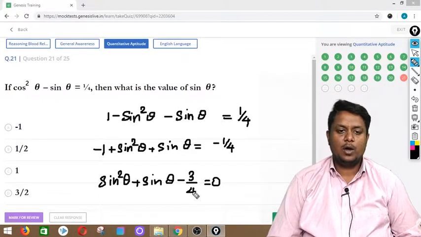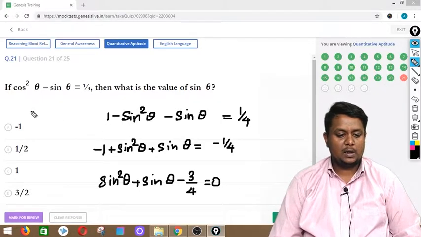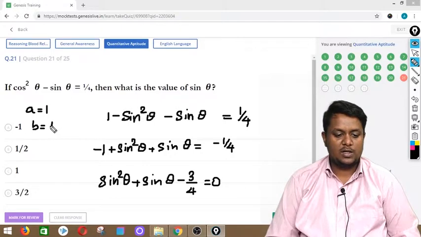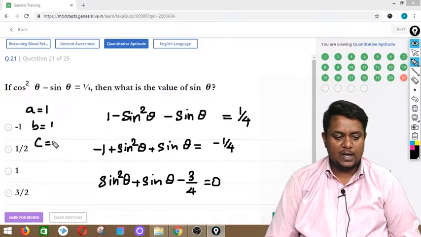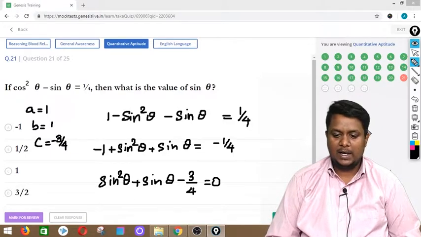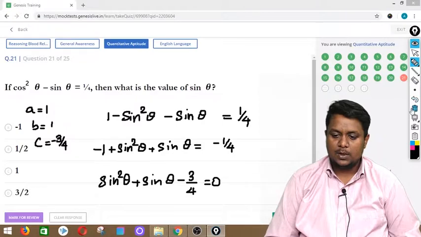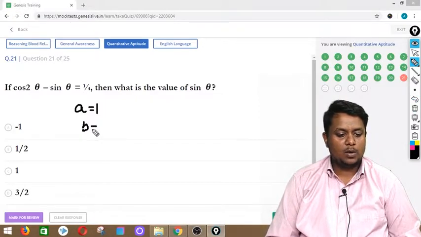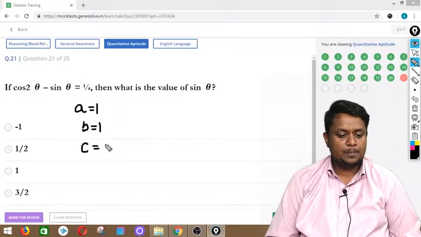Now we have got a quadratic equation where A is equal to 1, B, the coefficient of sin theta, is also 1, and the constant value is minus 3 by 4. So based on this we can find the roots of sin theta using the quadratic formula.